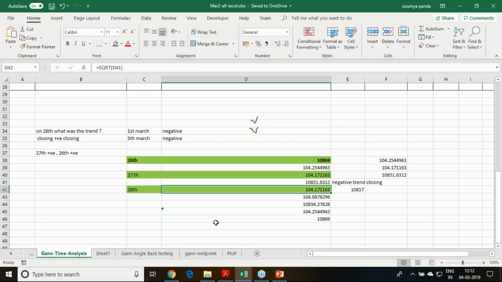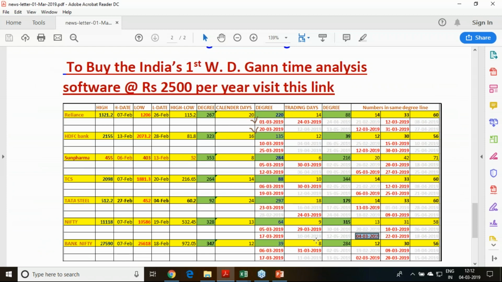and it is very, very important. We are expecting a trend reversal on 4th of March, as you have seen here. We have been expecting a trend reversal in Nifty on 4th March, and 5th March was also showing as a trend reversal date.